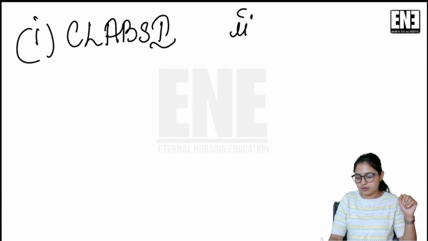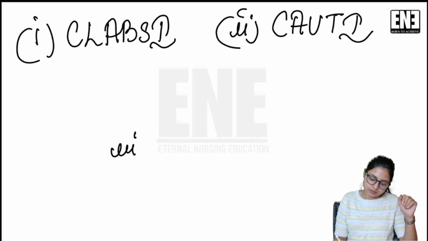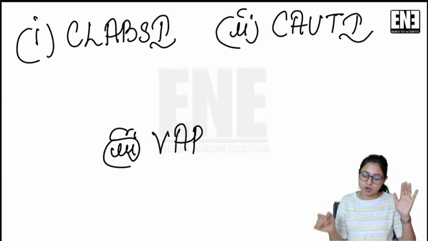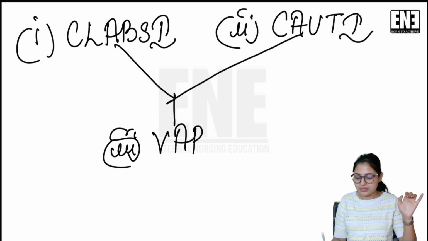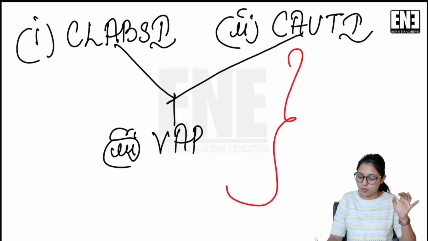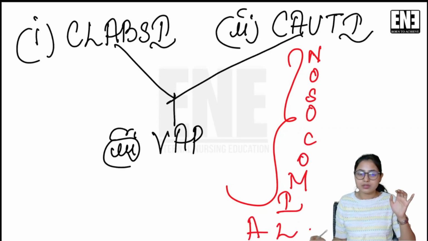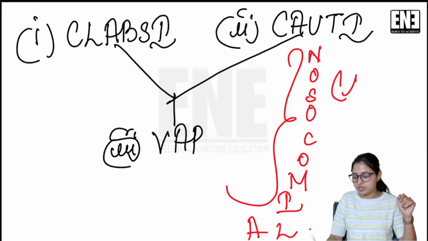Okay, then second is your CAUTI, then third one is a VAP. These three also are categorized as your nosocomial infection, but these are caused by devices.